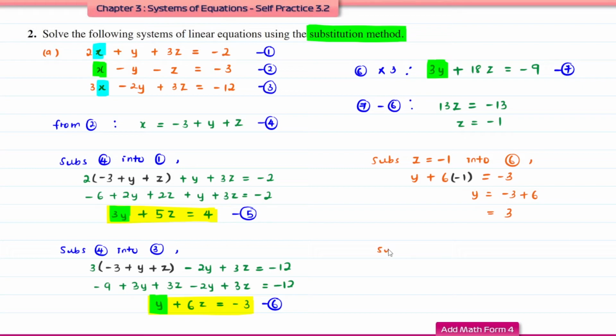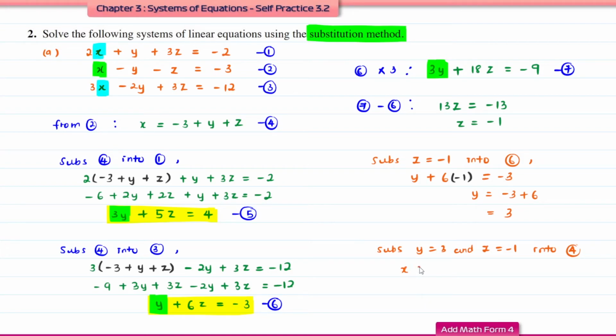So next, we're going to find the value of the variable x. So next, I'm going to substitute y equal to 3 and z equal to negative 1. Here, I'm going to substitute it into equation number 4, as here the x is already the subject of the formula.